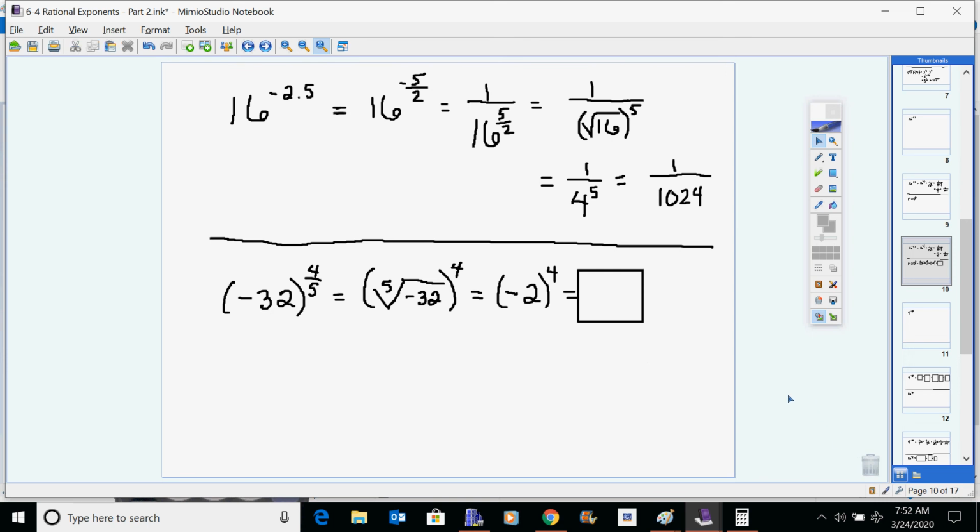Times negative 2 is 4, times negative 2 is negative 8, times negative 2 is 16, times negative 2 is negative 32. To the fourth power, multiply it all back out again until we get to positive 16. These things are things that you can do in your head or on paper pretty quickly. So you can use the calculator, but it's not 100% necessary.